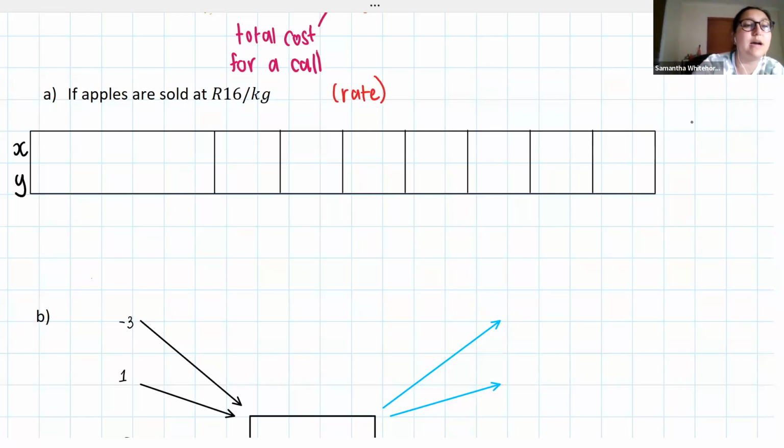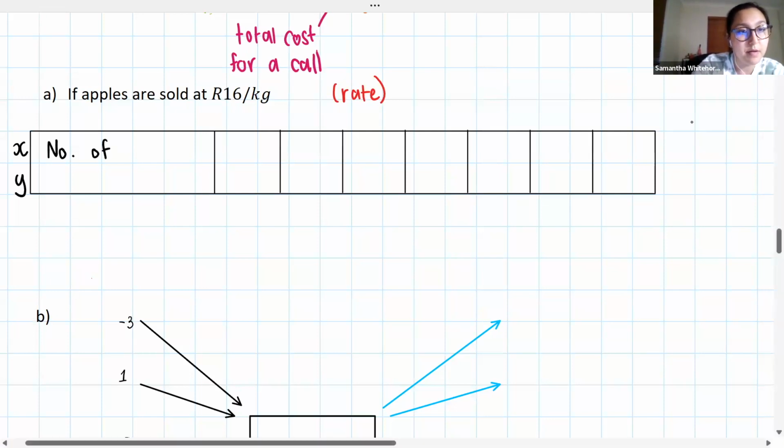If I buy 7 kilos of apples versus 10 kilos of apples, that's going to affect my price. So my independent variable is the number of kilograms that we buy, versus my dependent variable, which is the total cost. We're working in rands. You don't have to put the rand symbol in if you don't want to.